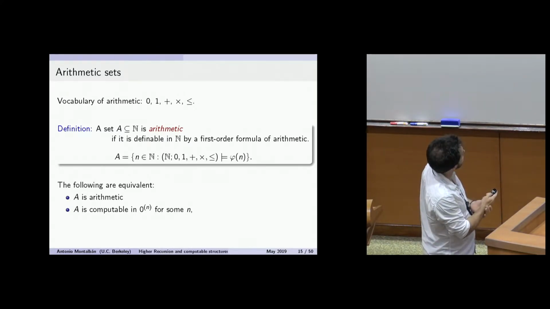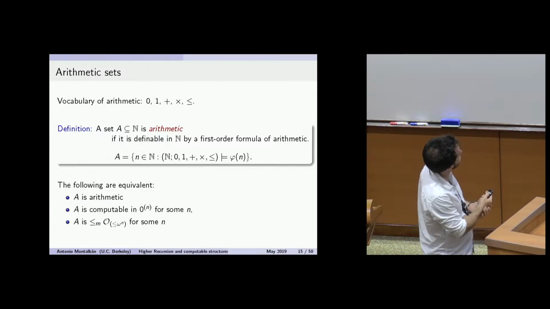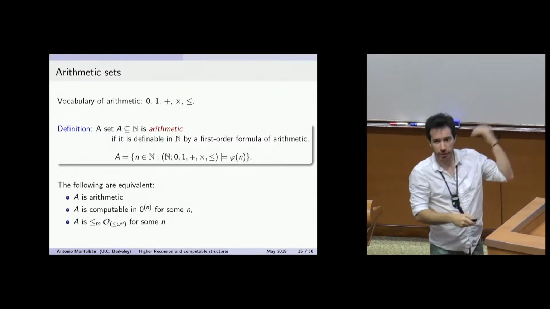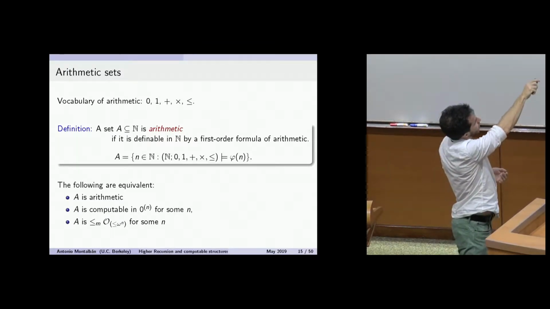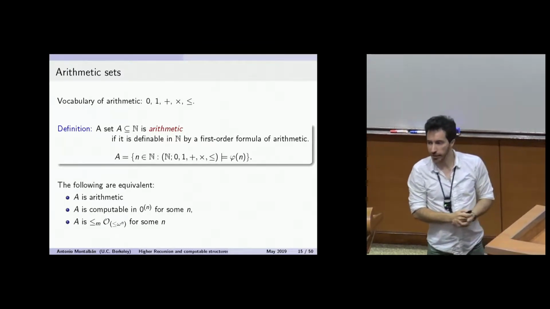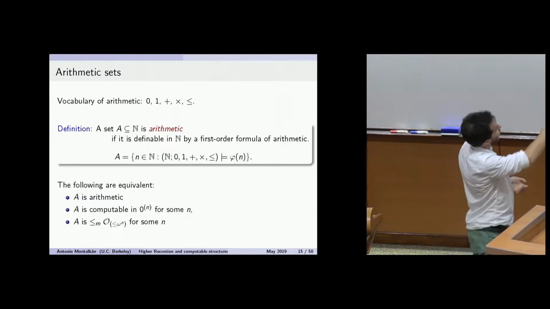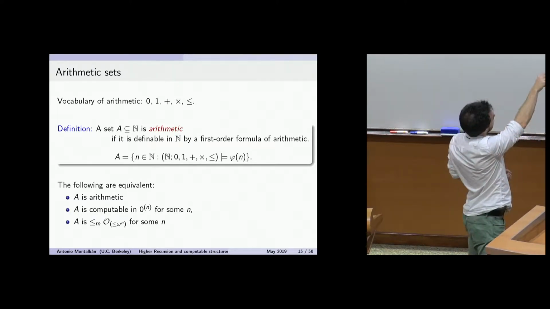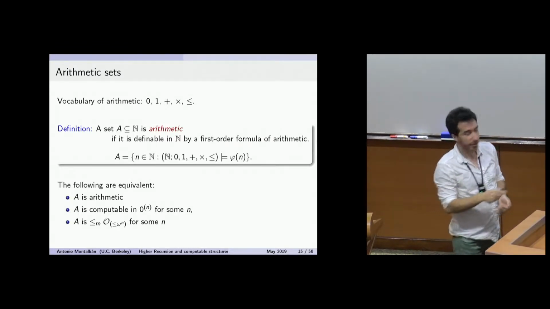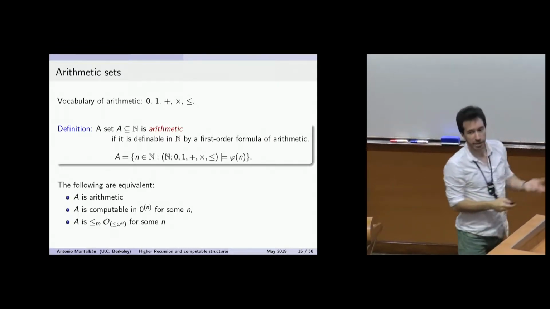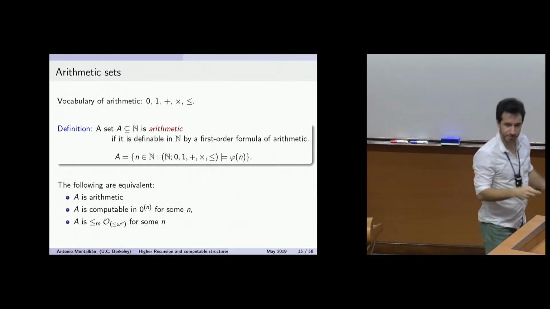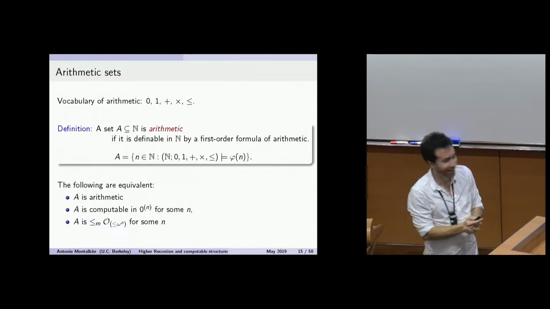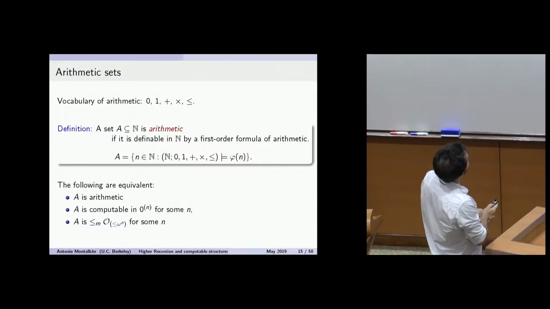It's also equivalent to, and I guess I won't prove it, being many-one reducible to one of these sets from the previous part, the set of all indices of well-orderings less than or equal to omega to the n for a natural number n. These are all arithmetic, and being arithmetic is the same thing as being many-one below one of those guys. I guess you can see that, because I'm going to generalize that. Okay, so those are arithmetic sets.